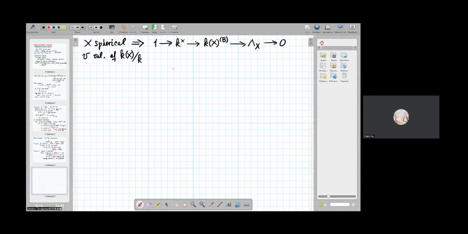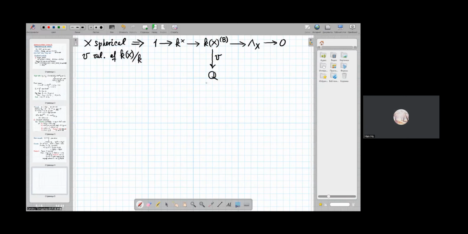Then we can restrict this valuation to the group of B semi-invariant rational functions. So we get this map given by the restriction of V from this group to Q. This is still a group homomorphism.